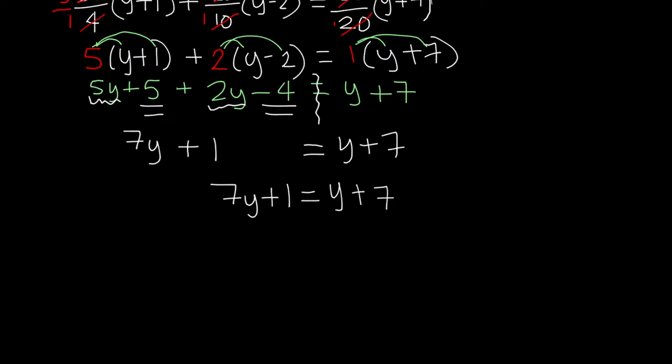Now that we've combined like terms, in this step, now we can move the variables. Since we have variables on both sides, we have y's on the left and y's on the right, we're going to move the y's.